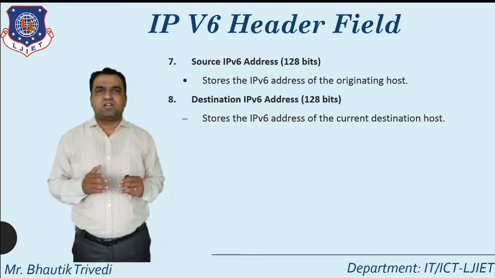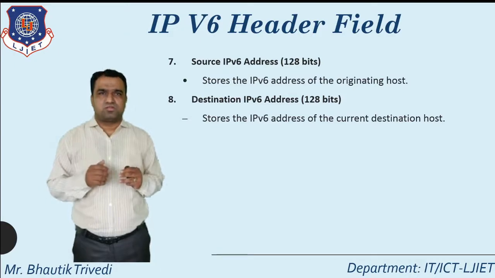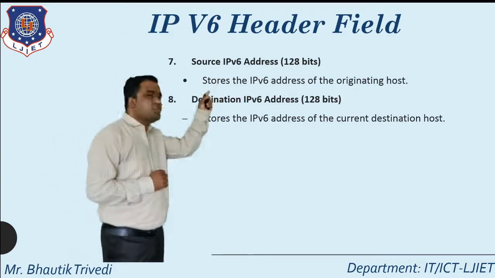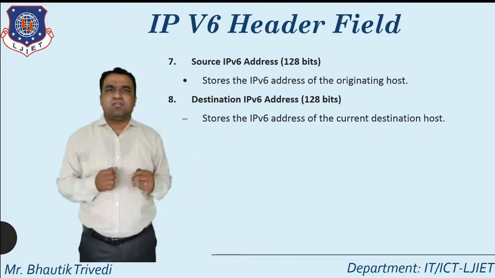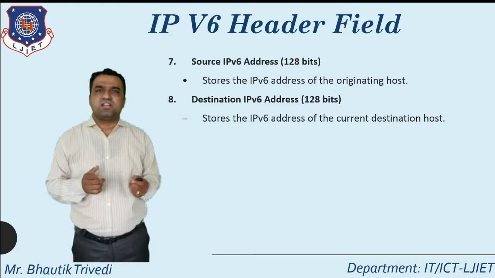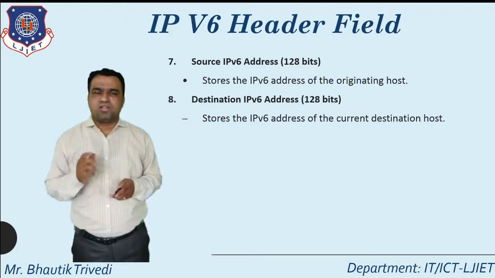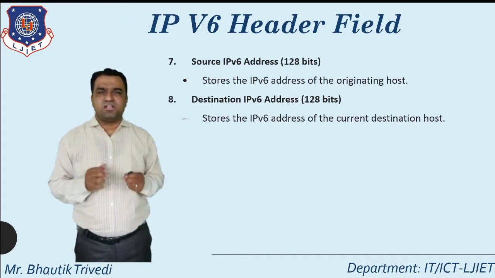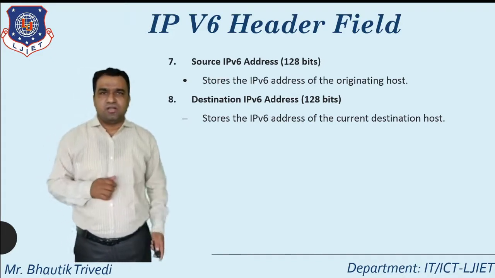So the address of the originating host comes under the source IP address, and the address of the receiving destination host comes under the destination IPv6 address. So in today's session we have covered the IPv6 header format in a detailed manner.